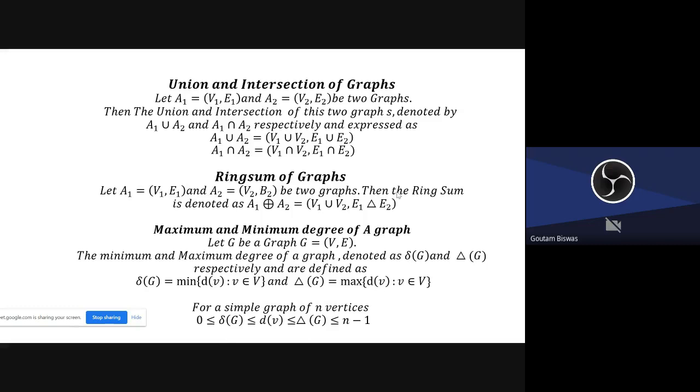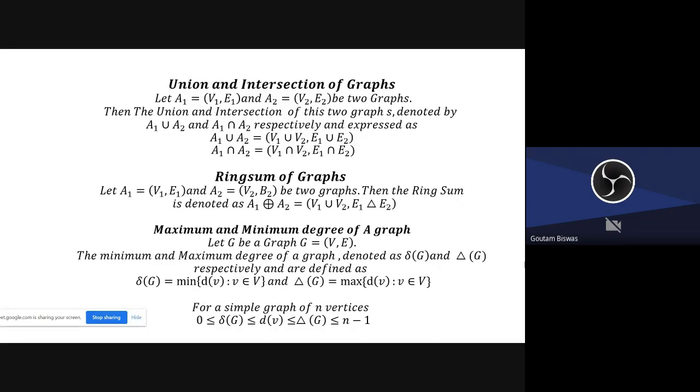Then the maximum and minimum degree of a graph. Now you know what is called degree. The degree of a vertex is the number of edges connected with the vertex. Recall the definition of the degree.